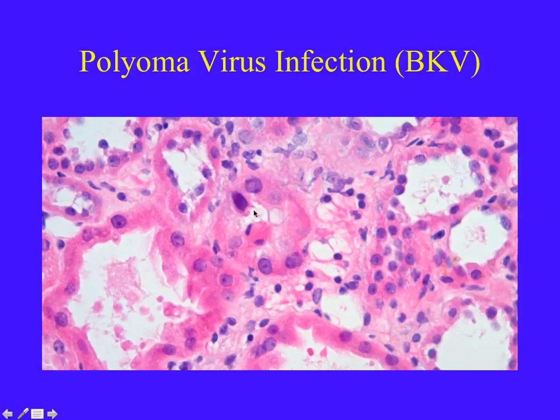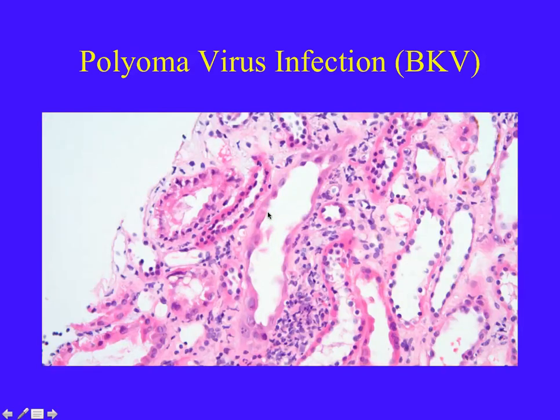viral inclusion. And when we looked at other areas of the same case, we noticed there were similar tubular profiles with appearances of darker and enlarged nuclei of the tubular epithelial cells.